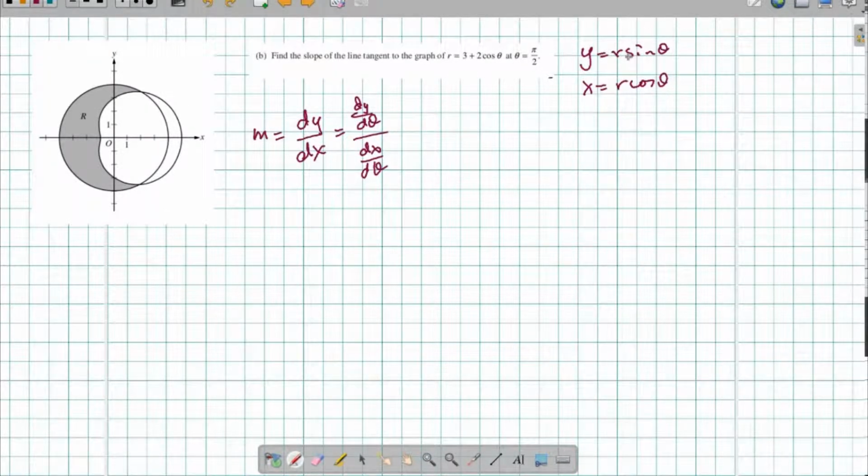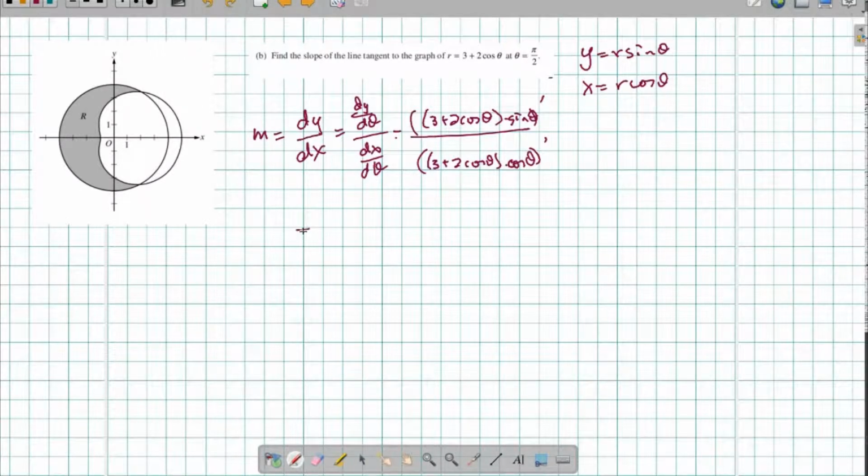So I need to take the derivative of r times sine theta, which is 3 plus 2 cosine theta times sine theta, over the derivative of x, which is r times cosine theta. To calculate this, I'm going to have to use the product rule.